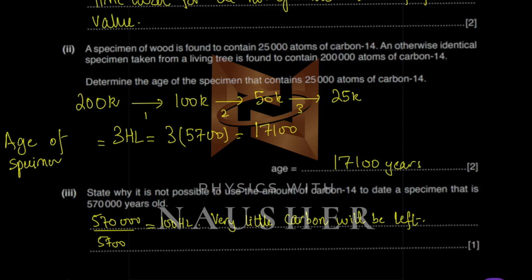In the next 3, you'll go from 25,000 to 12,500 to 6,000. Imagine what's going to happen after 100 half-lives. This number is going to become so small, it's going to become out of your range of measurement. So very little carbon will be left at the end. Or you could say that the amount of carbon left will be very small, hence it will become very difficult to measure.